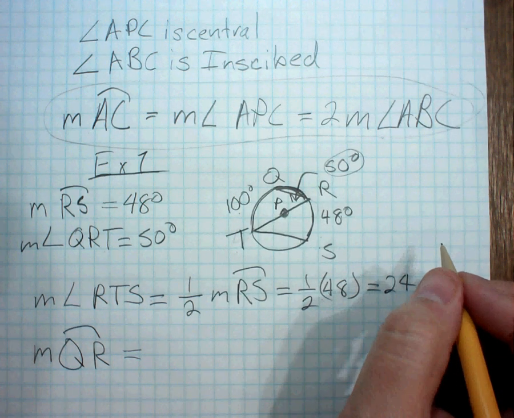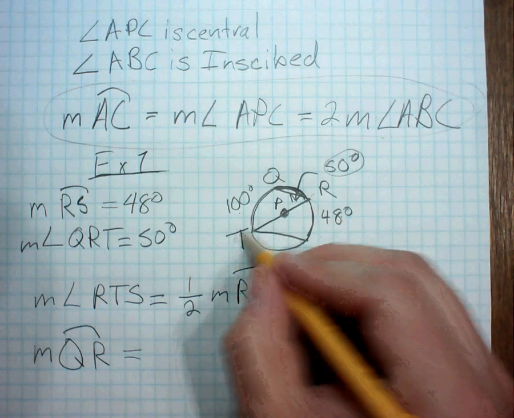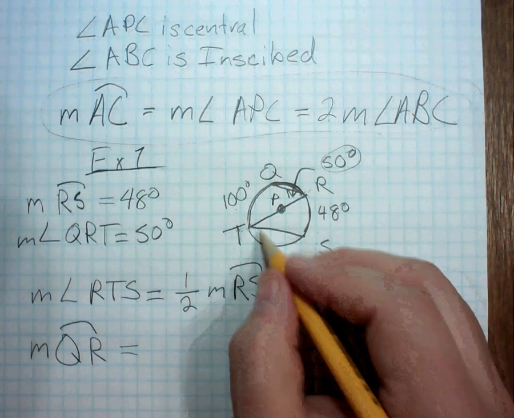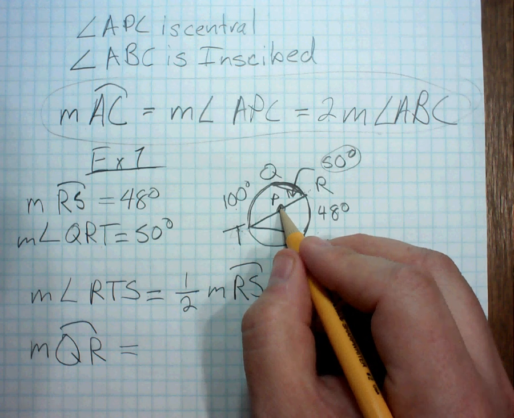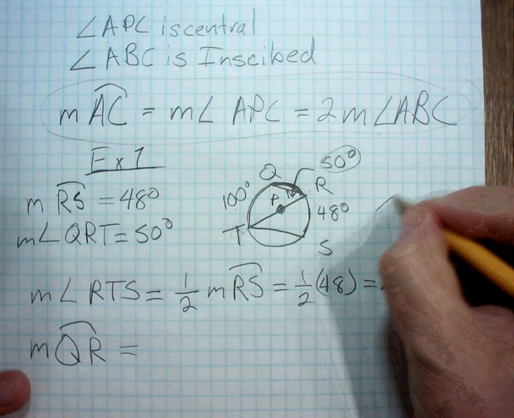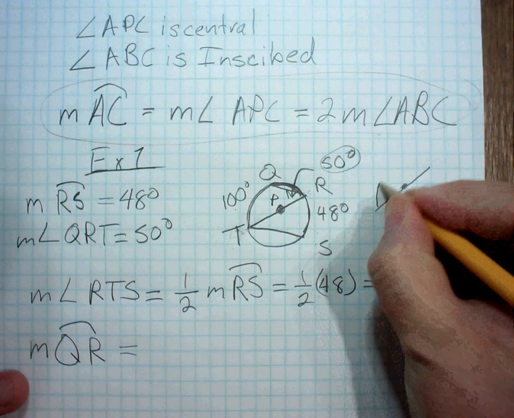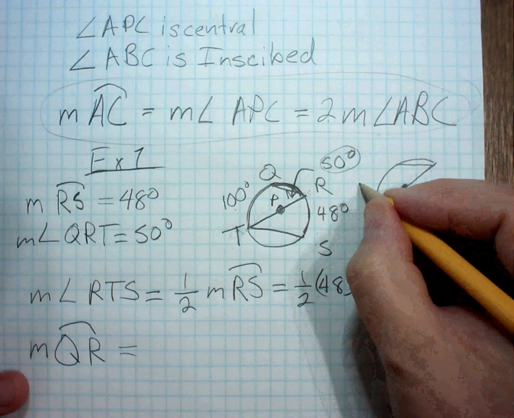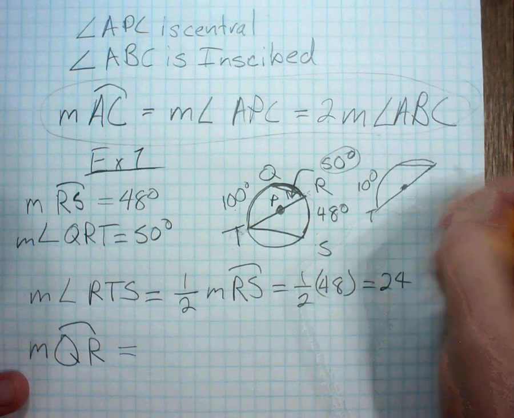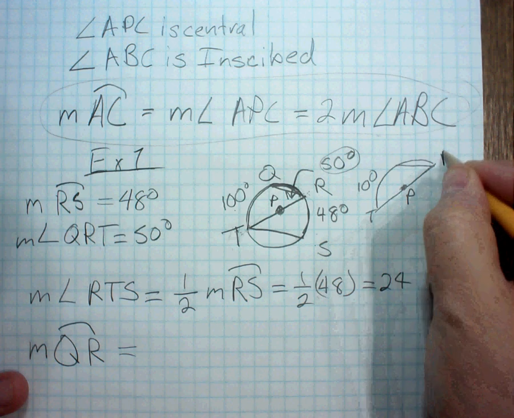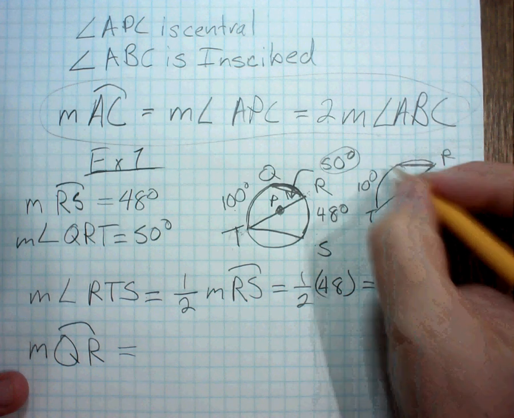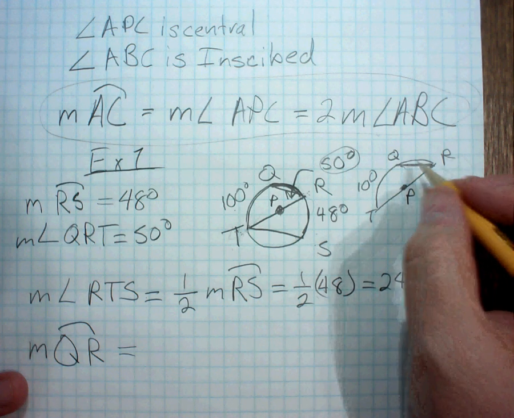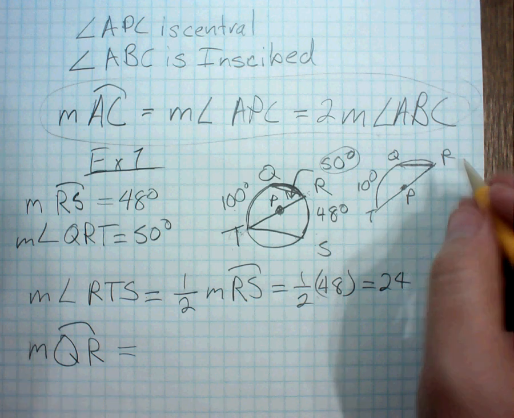I know that the central angle has to add up to 180 because this is a semicircle. We'll say that this is T, this is P, this is R, and then this is Q. I know that this is 100 degrees, but because it's a semicircle, it has to add up to 180 degrees.